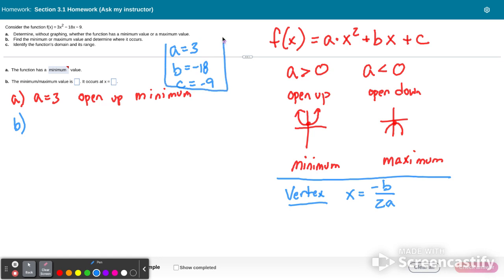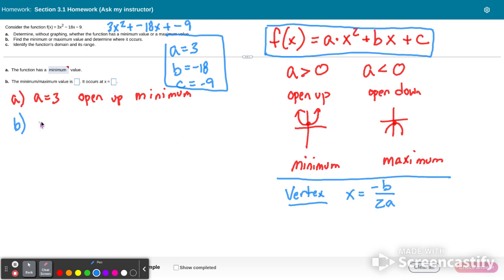Now, the reason that we know that the b and the c values are negatives is because the function format that we go by has all addition. So when we look at this, we're going to see this as being 3x squared plus a negative 18x, plus a negative 9. So we can see we have a negative for both b and for c.